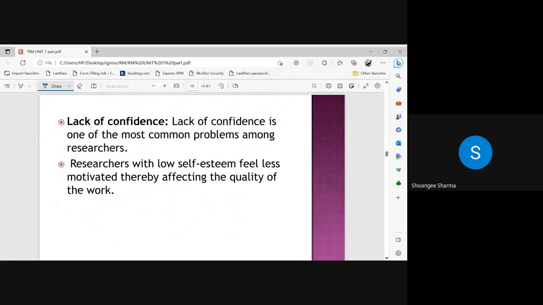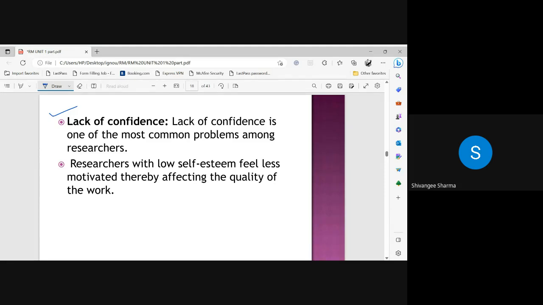The next common factor is common in every aspect of human life. If you are doing anything, you can feel at any point of time a lack of confidence, low self-esteem, less motivation. And in research, when you are doing any research or making any project, it will be more, because you will have a whole lot of work to do, and you have to perform quality work.